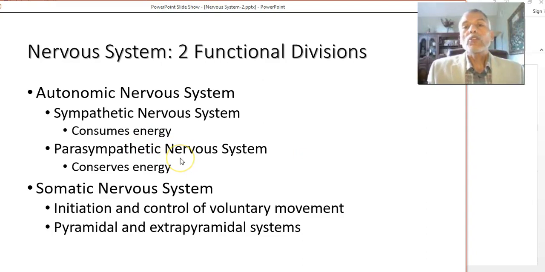One is the autonomic nervous system, and from the name, it is a system that is responsible for functions in your body that you have no control over. For example, blood pressure.